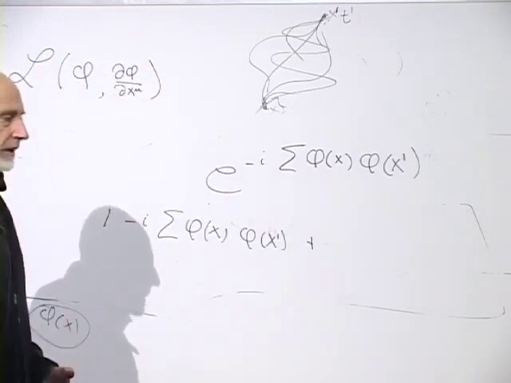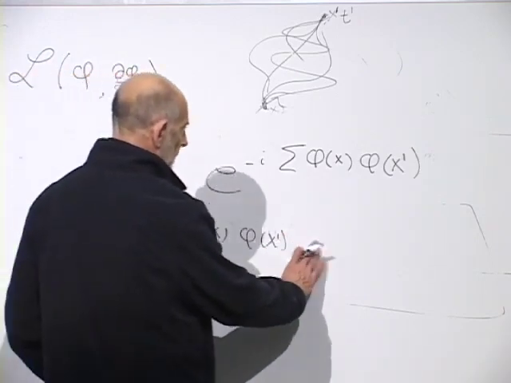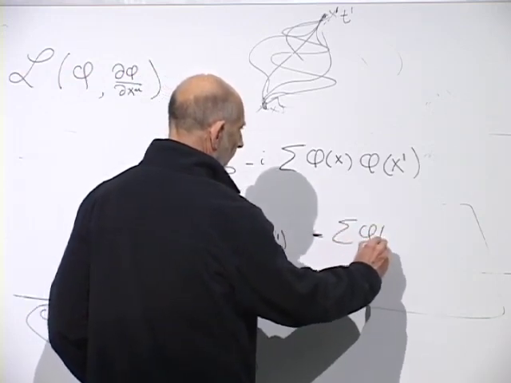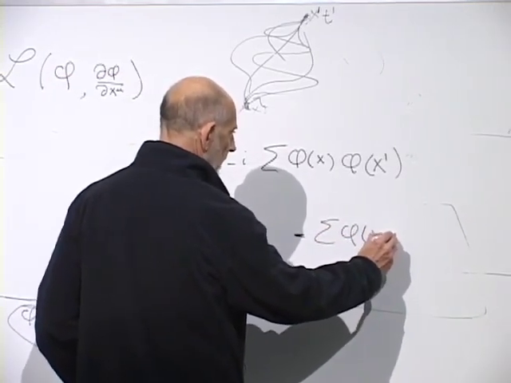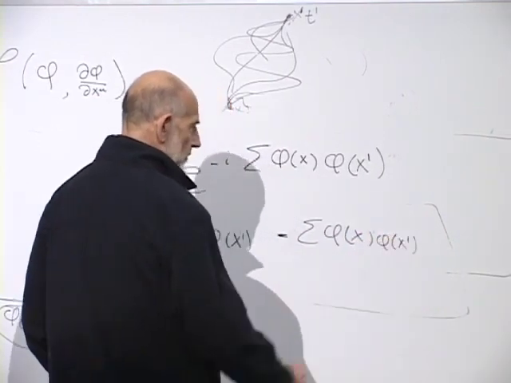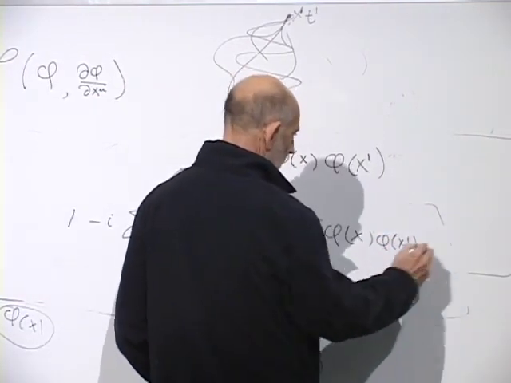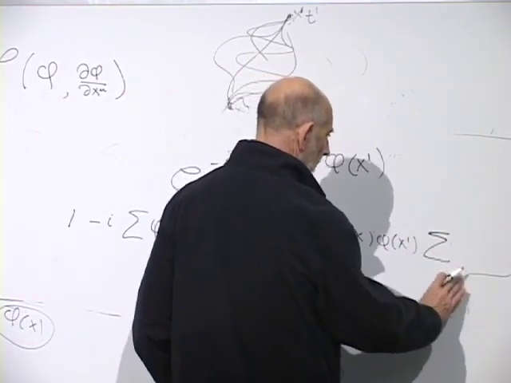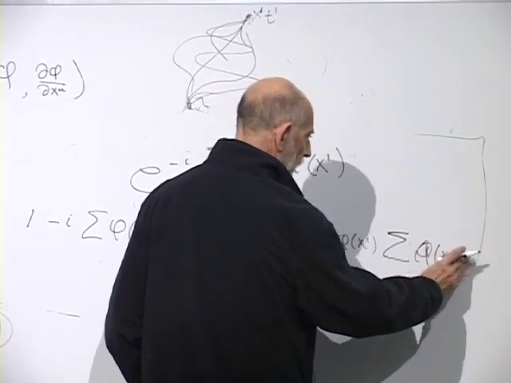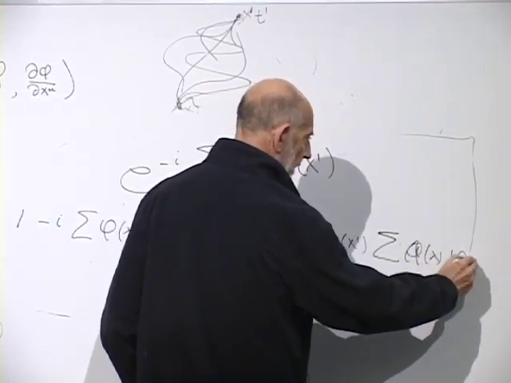I times I is minus 1, so it looks like it's minus the summation of phi of x prime squared times another factor of the sum of phi of x prime.